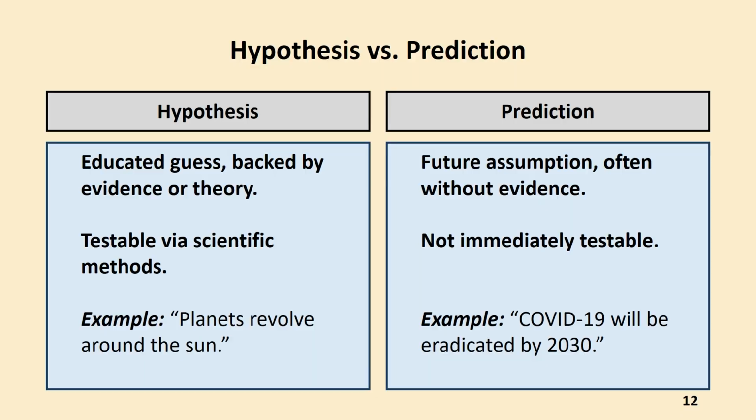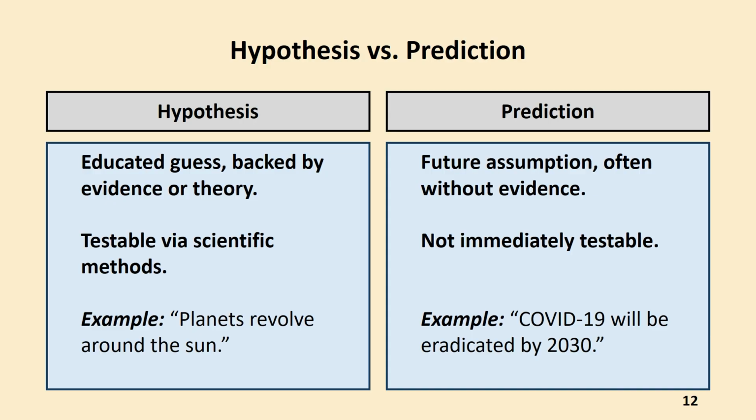Whereas we can see now prediction. Prediction is simply future or further assumptions, often without evidence. And in prediction, I will differentiate here that a researcher can bring their experience, their feelings, their emotions while they predict something. But when you form a hypothesis, you do not use these.